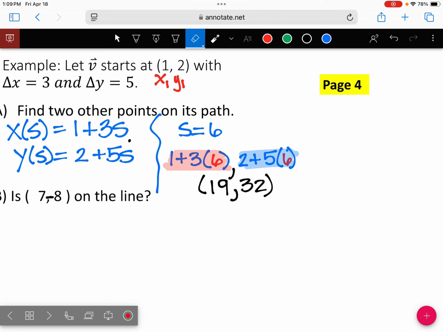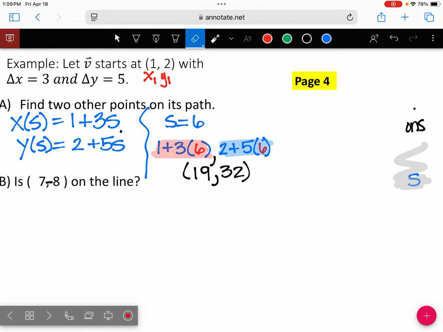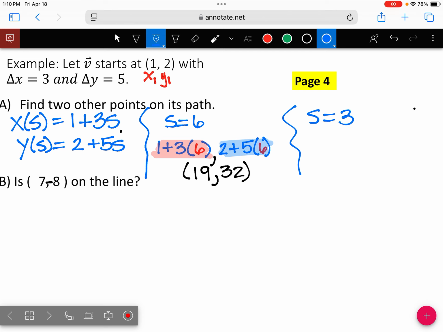All right, Sanaya, give me another number, any number. 3. All right, so let's say S equals 3. I want you to do it again. Give me the ordered pair that you would have if S was equal to 3.